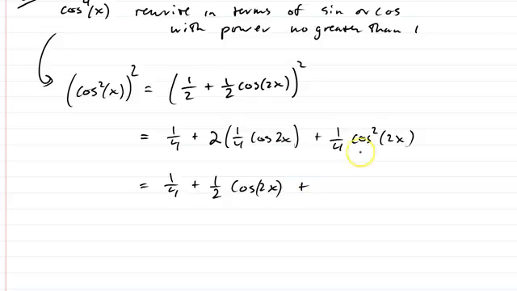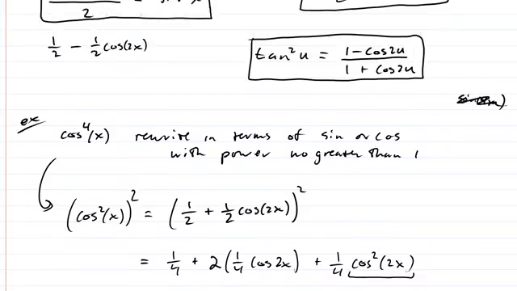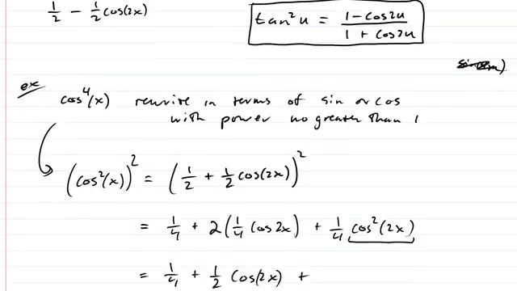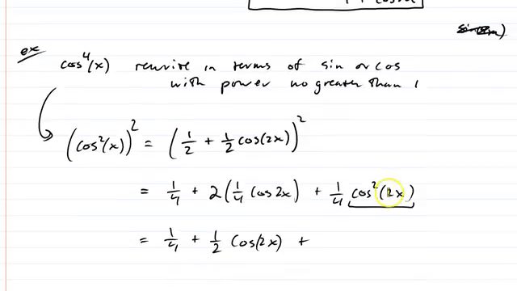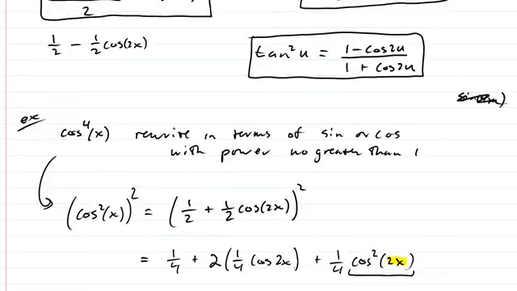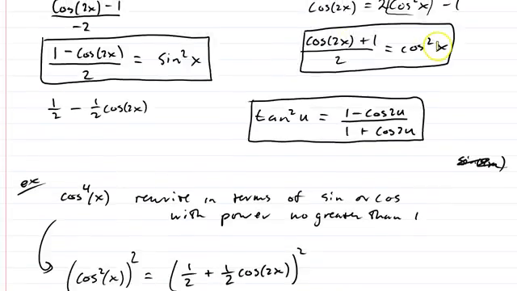Lastly here, I want to get rid of that squared. So I'm going to use the power formula one more time. I'm going to keep in mind that I have 2x as my argument. In my formula up here, instead of x I'm going to have 2x, and when I plug it in I'm going to actually have 2x times 2.